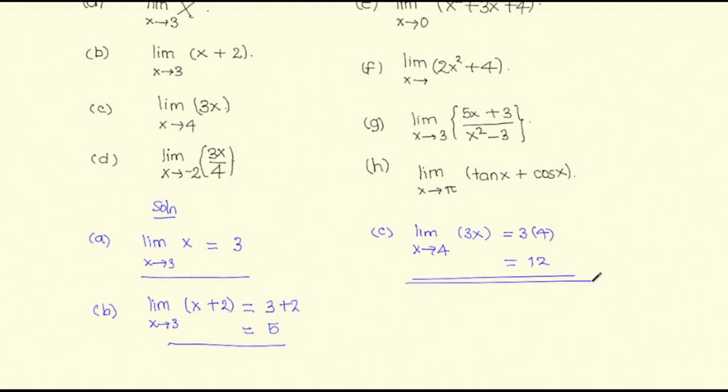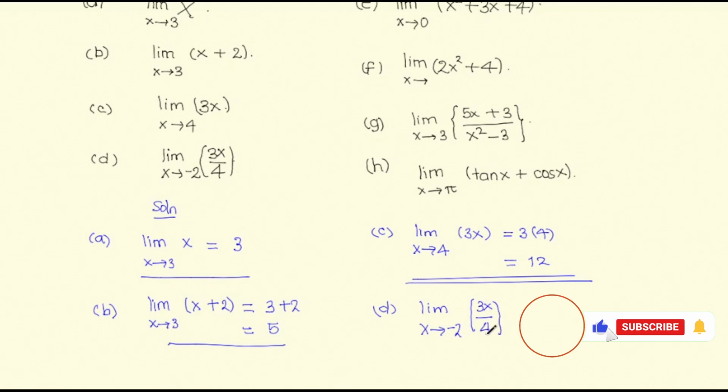Easy as that. And then for D, we have also the limit as x tends to -2 of this function 3x over 4. Now this time around, we are also extending it by dividing by a constant.